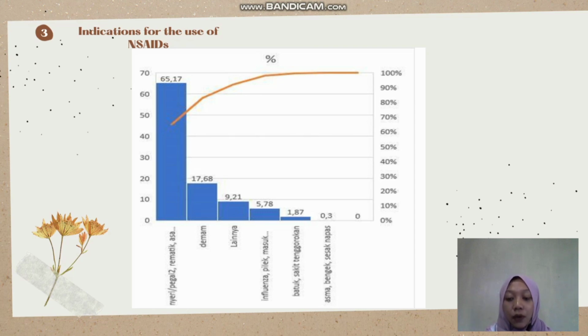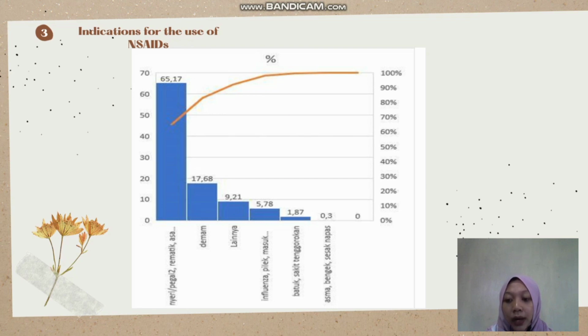Riskesdas data from 2013 recorded that non-steroid anti-inflammation drugs are widely used in the prevalence of joint disease, from diagnosis by health workers at 11.9% and 24.7% based on diagnosis or symptoms.